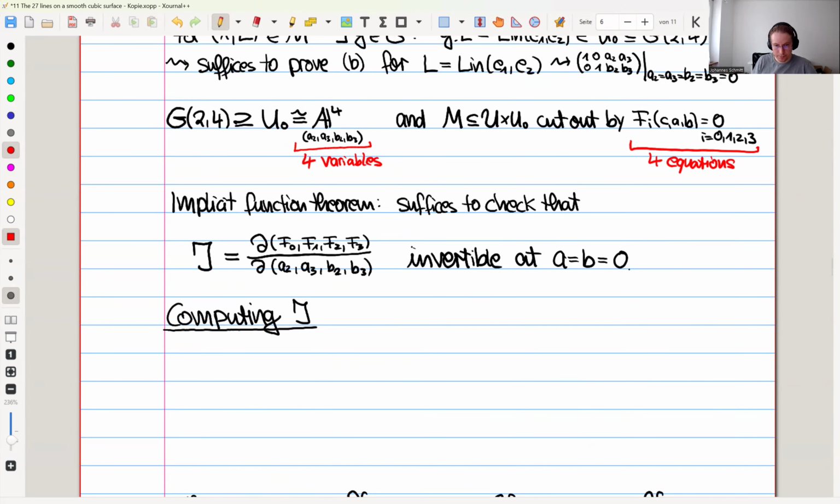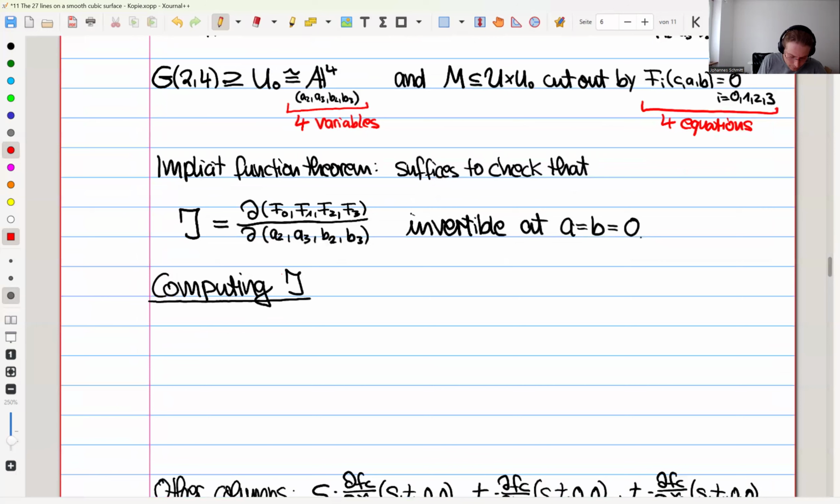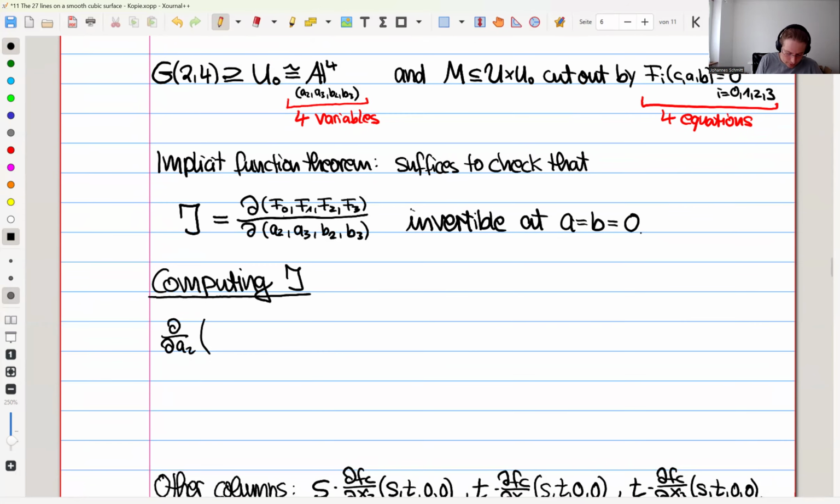And so we begin by taking the derivative with respect to A2. This is like the first column of this matrix. So we take the derivative d by dA2. Now we would have to say of f0, of f1, of f2, and so on. But in fact, we can do all of them at the same time in the following neat way, because we just kind of reverse what we did before.